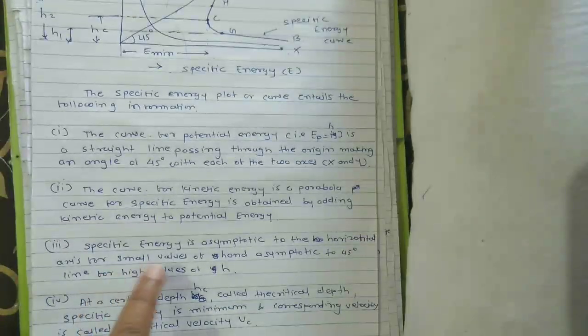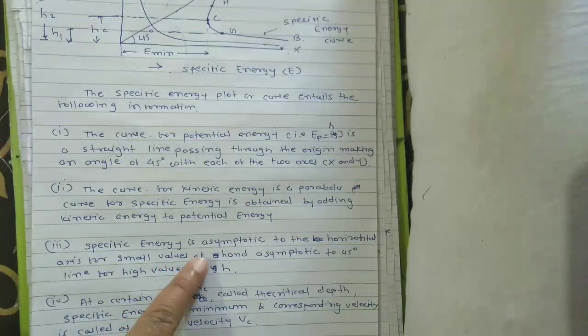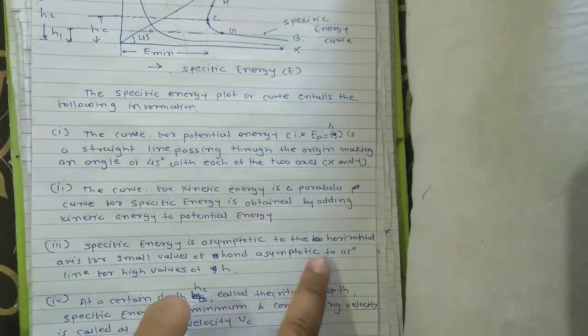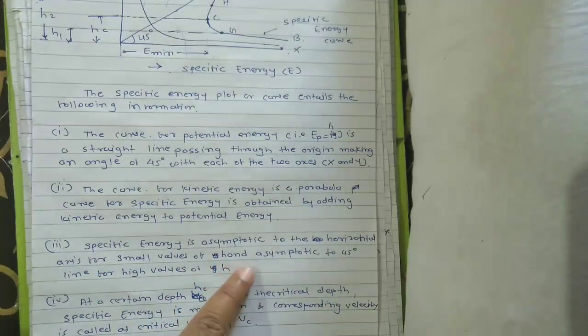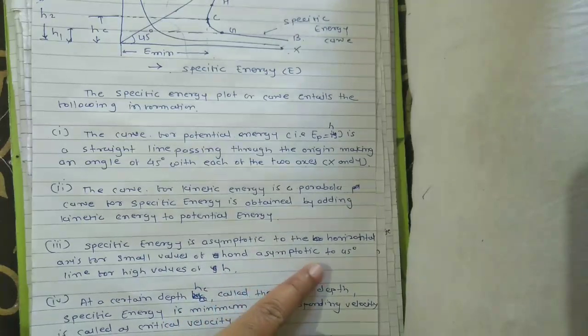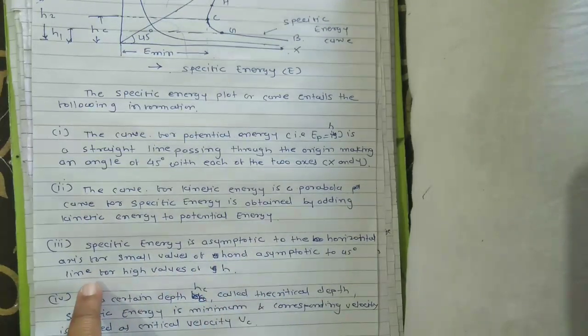Now the third property: the specific energy is asymptotic to the horizontal axis for small values of h and asymptotic to the 45-degree line for high values of h.